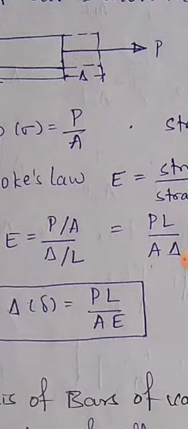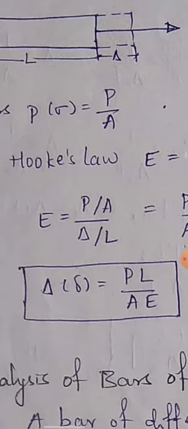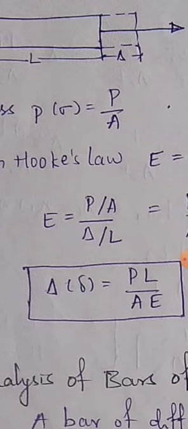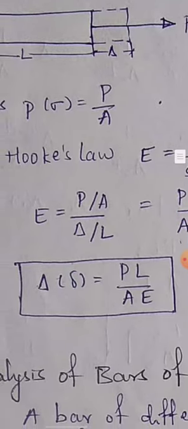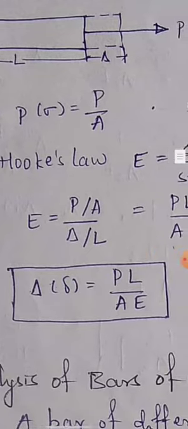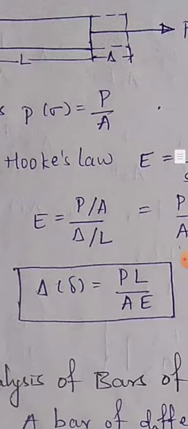Extension of the bar is equal to PL by AE, where P is either a tensile load or compression load, L is length of the member, A is cross section of the member, E is Young's modulus.